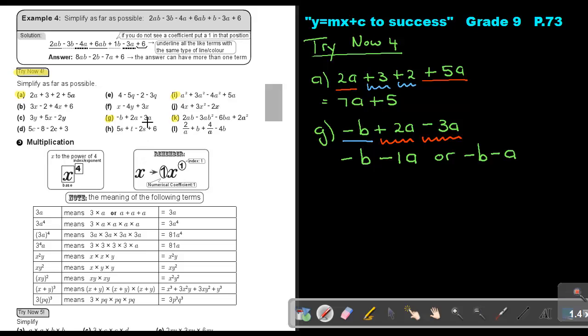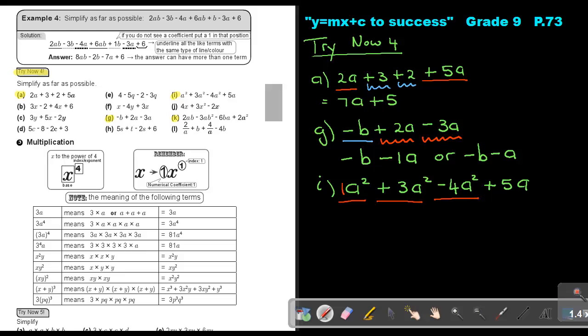Okay, and then my next one, now that was number G. What will be my next one? That's number I. Okay, so if I look at number I, first rewrite: it's a squared plus 3a squared minus 4a squared plus 5a. Okay, again my like terms. And remember there's a 1, so there's a squared, there's a squared, and there is, oh wow, another a squared.